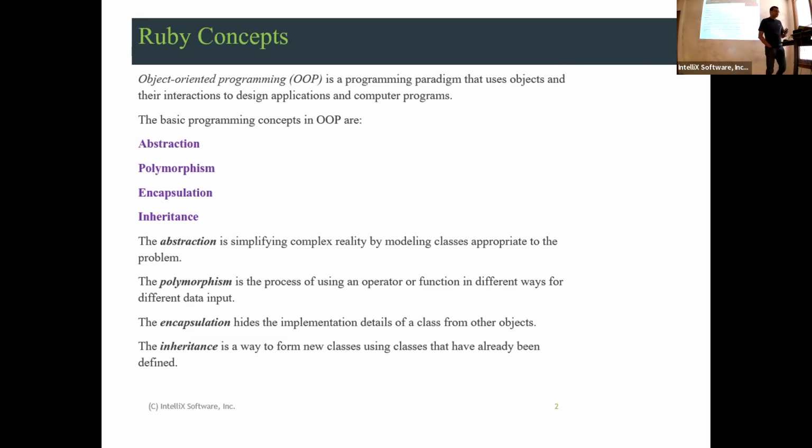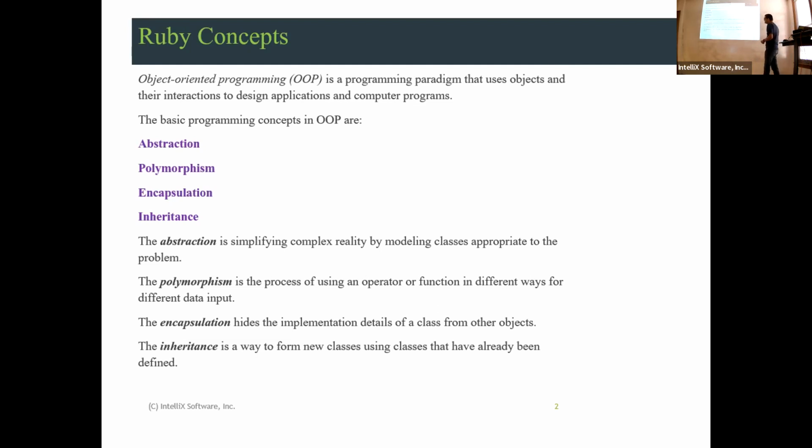So it's simplifying the complex reality by modeling the classes appropriate to your problem. You apply this principle as soon as you create a class and start organizing your code in a certain way. It simplifies the complexity.